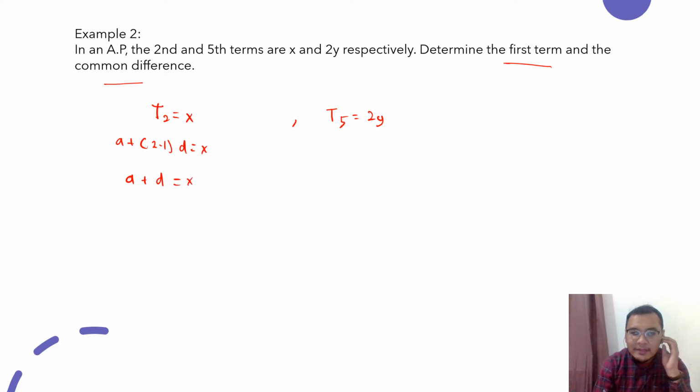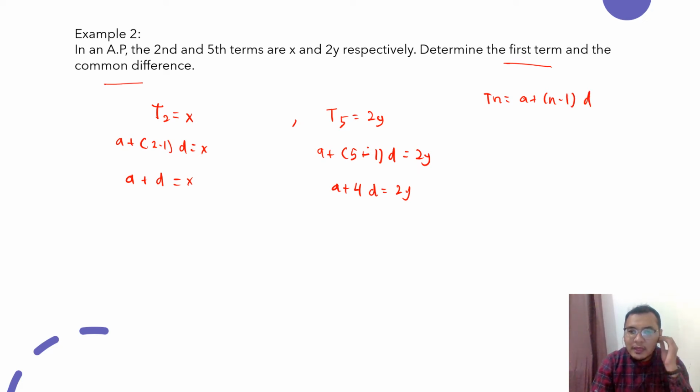And T5 is A plus (5 minus 1)D equal to 2y, and A plus 4D equal to 2y. I use the formula Tn equal to A plus (n minus 1)D, just substitute the value of n, which is 2 and 5, and equal to x and also 2y. So A equal to x minus D. So this is the first equation.